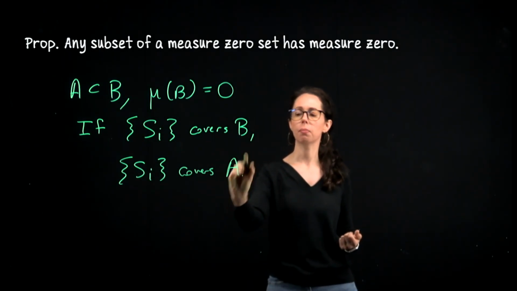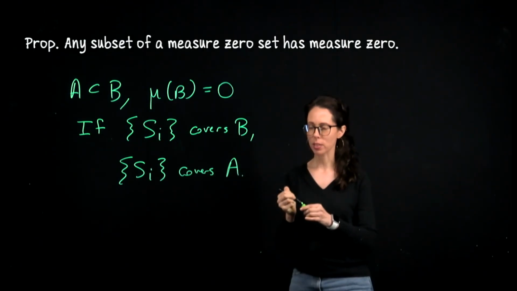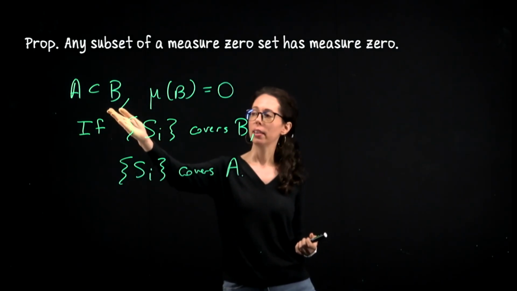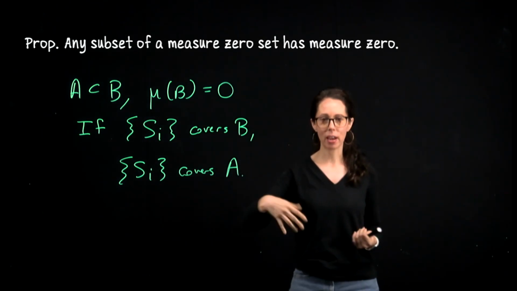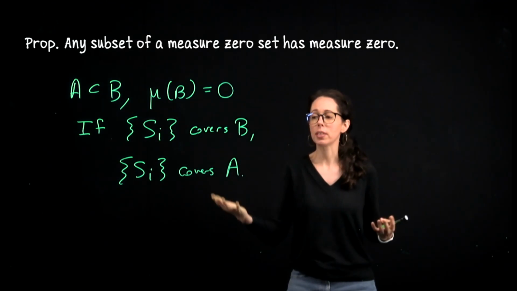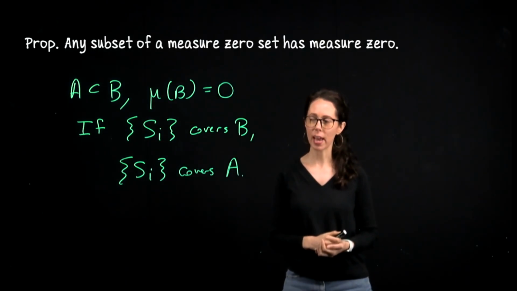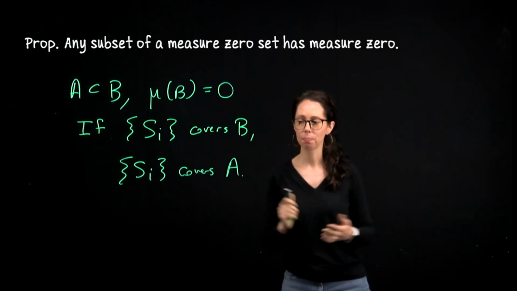If you're writing this up more formally, you'll want to say a little bit more than this, but this is the idea. So if B has measure 0, then that means you can cover it by some nice covering of rectangles S sub i. Those same rectangles cover any subset of B, so any subset of a measure 0 set also has measure 0.